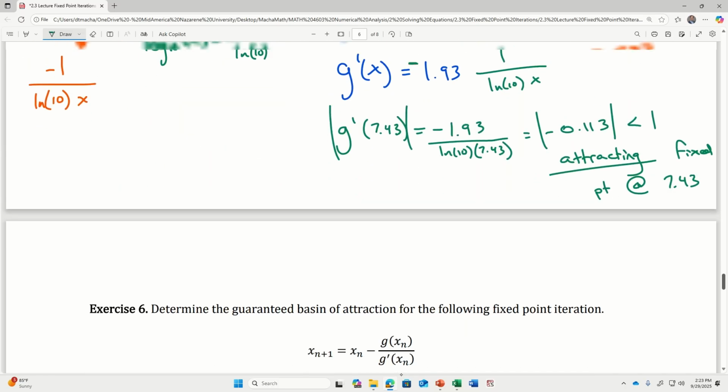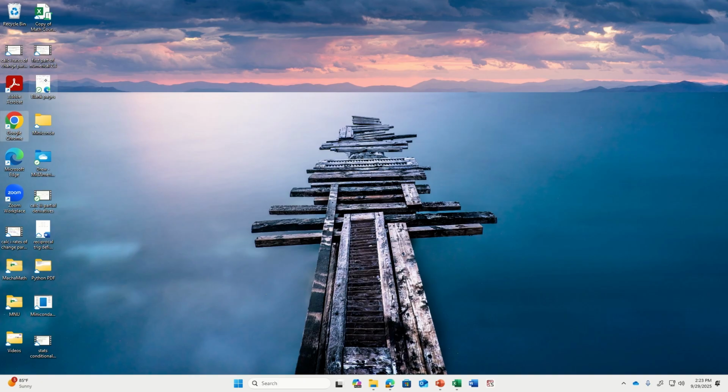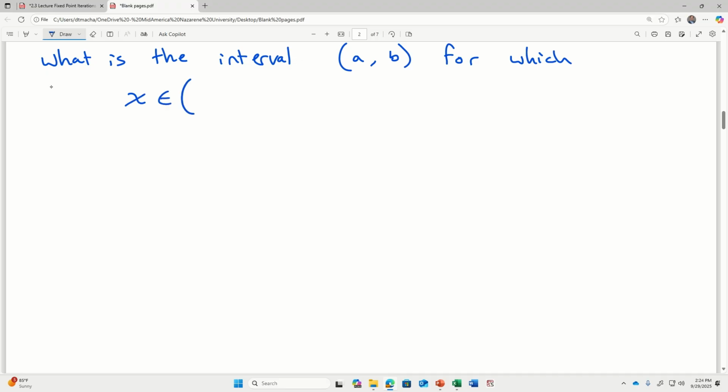But now, my next step in this whole process is to say, I need a new piece of paper. And then with my new sheet of paper, we say, what is the interval from A to B for which x in A to B implies that the absolute value of the derivative of this iteration at x is less than 1?